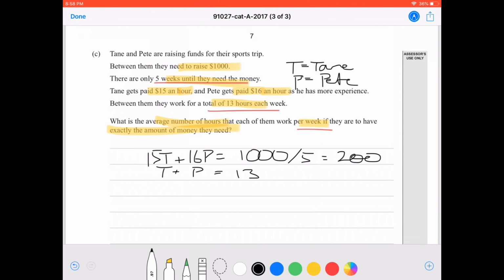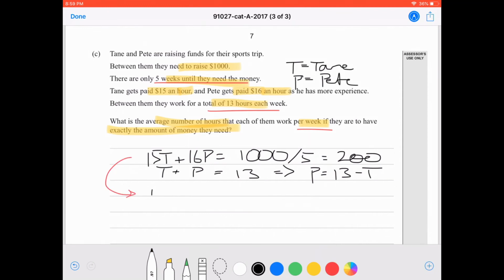Again, you could do the elimination method by multiplying this equation by either 15 or 16 and working from there. But the substitution method is again going to be a lot easier. So we could say P equals 13 minus T. And with that, we use this equation.